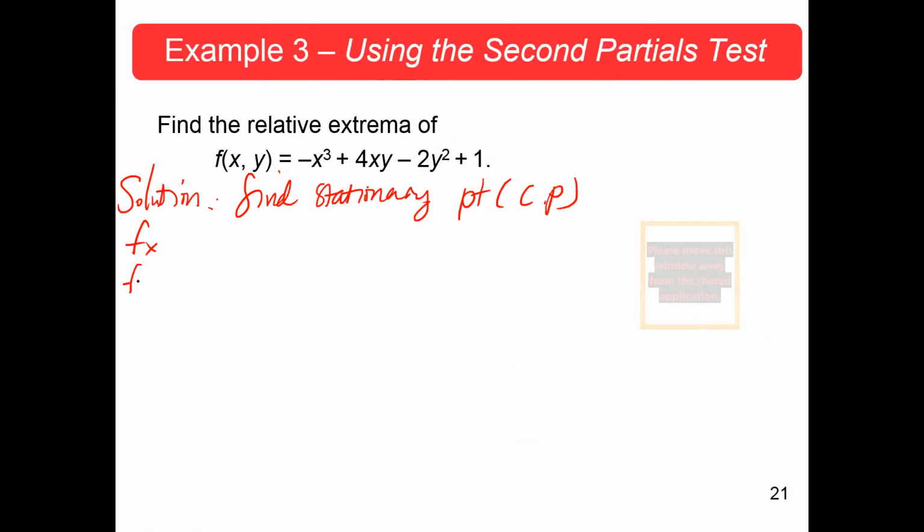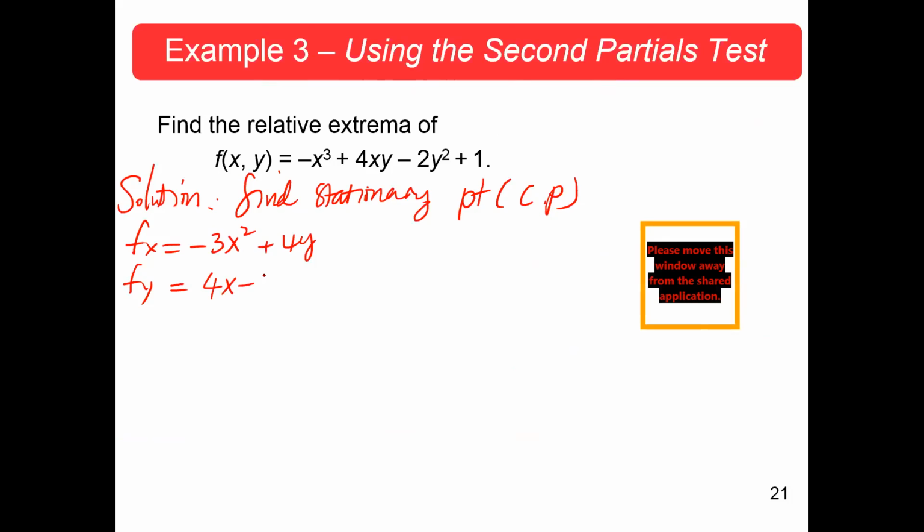So partial x and partial y. Partial x would be negative 3x squared plus 4y. Partial y would be 4x minus 4y. Set both of them equal to 0.